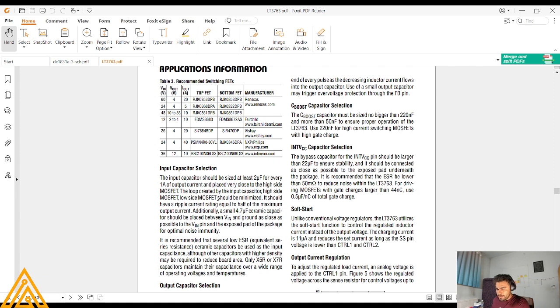The loop created by the input capacitor, high side MOSFET and low side MOSFET should be minimized. It should have a ripple current rating equal to half of the maximum output current. Additionally, a small 4.7 microfarad ceramic capacitor should be placed between Vin and ground as close as possible to the Vin pin and exposed pad of the package for optimal noise immunity.